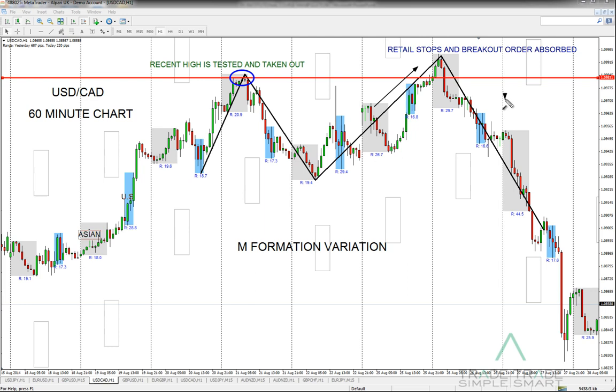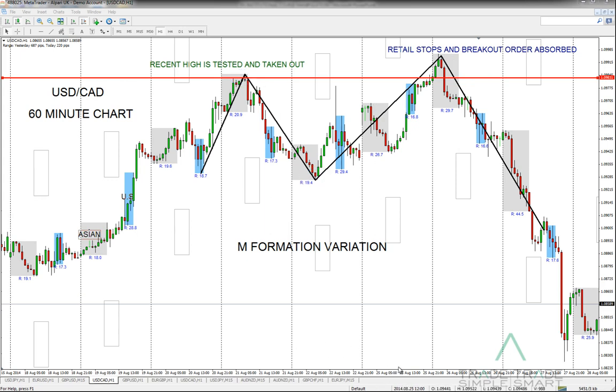This in turn induces further buying into the market from those breakout traders, and then the orders of the sellers during the liquidation period will be hit, allowing smart money to absorb more orders at better prices and then ultimately push the market to the downside.